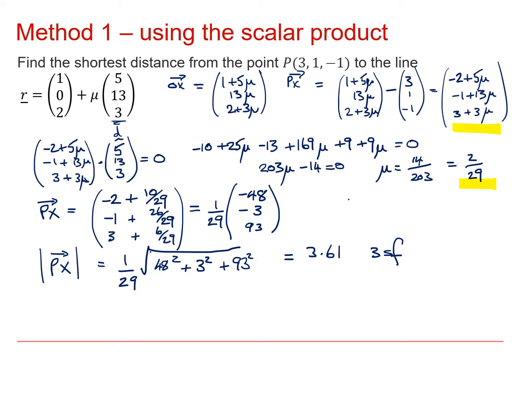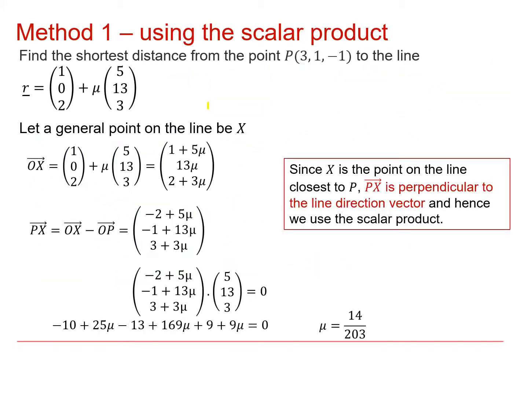Now there's quite a lot of working on here, so we're going to look at solution slides spread across 2 slides. The first part is going to take me as far as finding the value of mu, and the second part will take me as far as finding the actual result here. So here's the first part of that solution. So here's where we get the general point X, and notice that is in terms of mu.